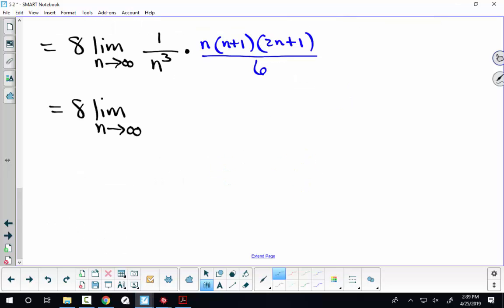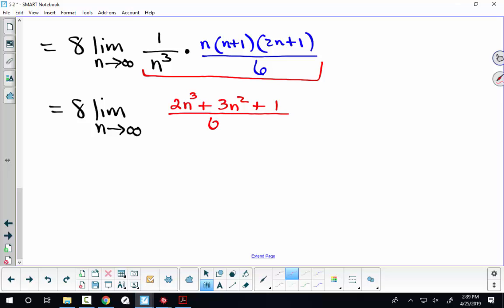Now we're going to combine this stuff here. So we're just going to expand out the top, multiply the bottom. So we've got 2n cubed plus 3n squared plus 1 all over 6n cubed.